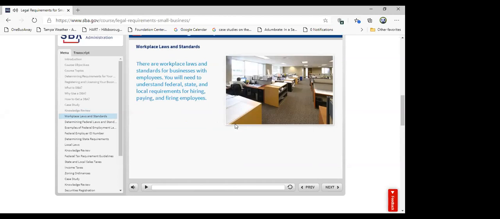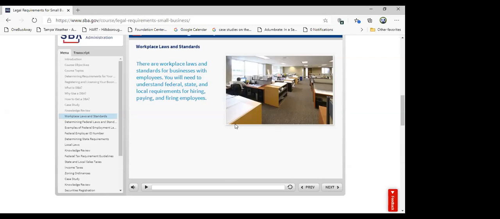Now, just to mention this, you will be getting certificates for each part of the course that you complete. You'll be getting a certificate from the Center for Nonprofit Community Development. In addition, every time we take one of these online classes related to the SBA, you're also going to get a certificate from the SBA. Another thing we're using is SCORE.